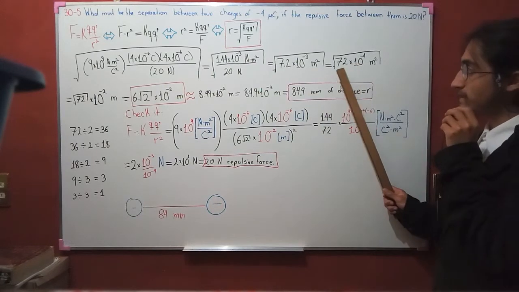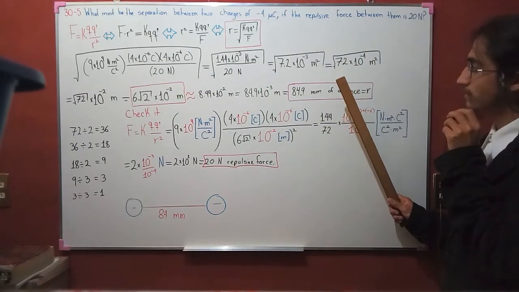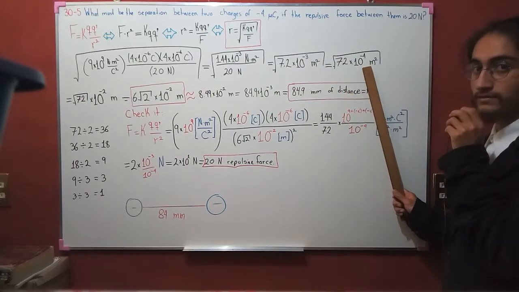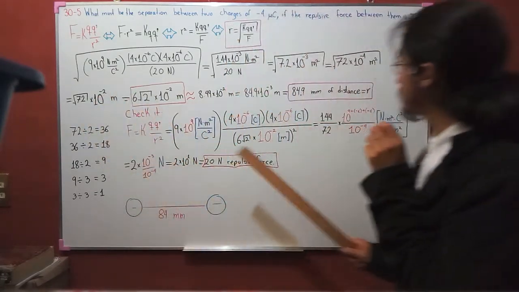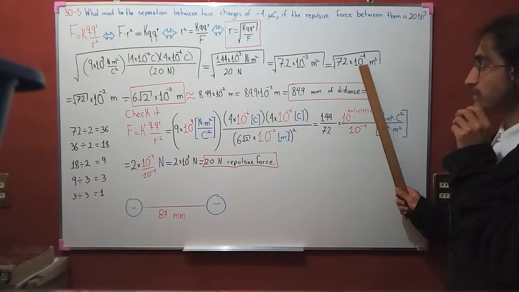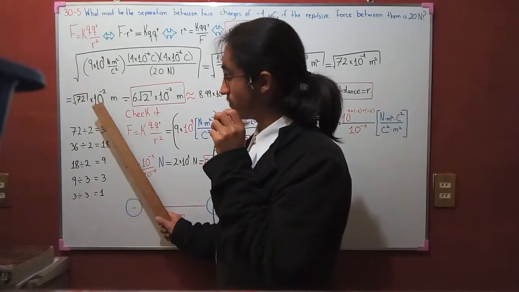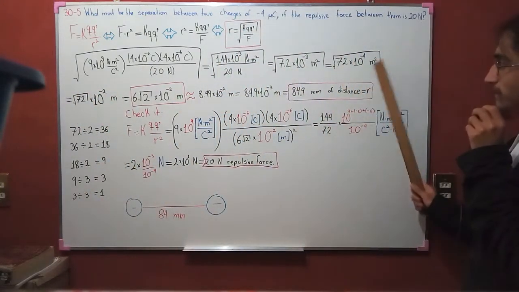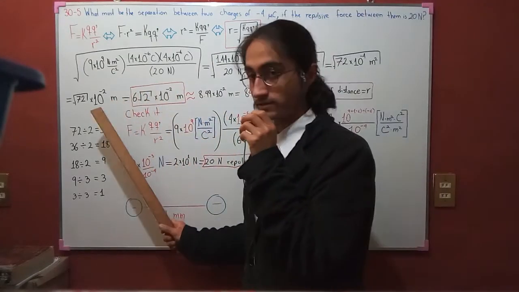Now the square root is applied on each of the factors. So the square root of 72 multiplying the square root of 10 raised to the power of negative 4, which is 10 raised to the power of negative 2. And the square root of meters squared is equal to meters.